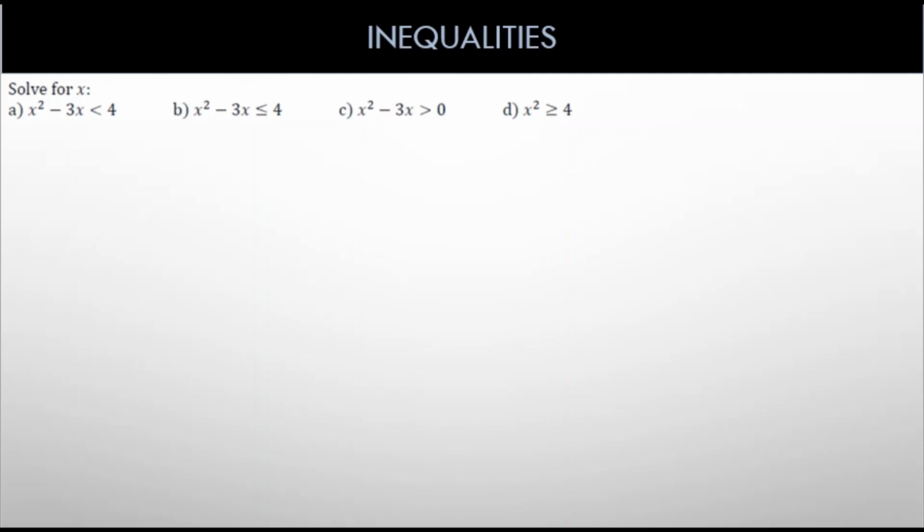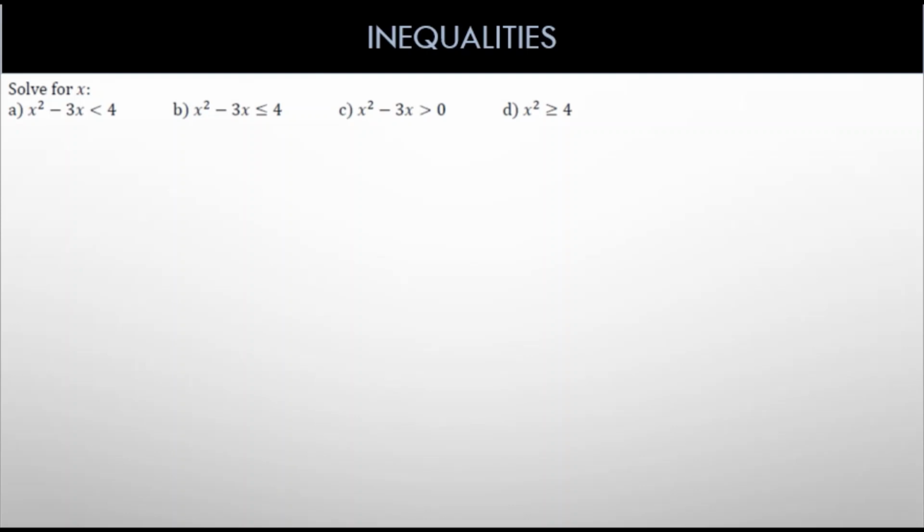So instead of x being one value or two values or three, x is an interval. So what we have to do here, we have the first one, x squared minus 3x is less than 4, and then we have to solve for x. So we treat this one similar to the equal sign, but it's an inequality and the answer is different. So this is a quadratic.